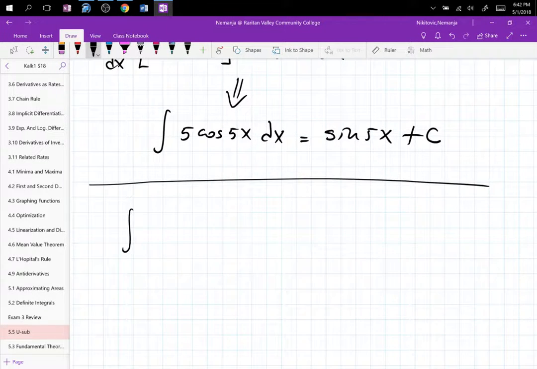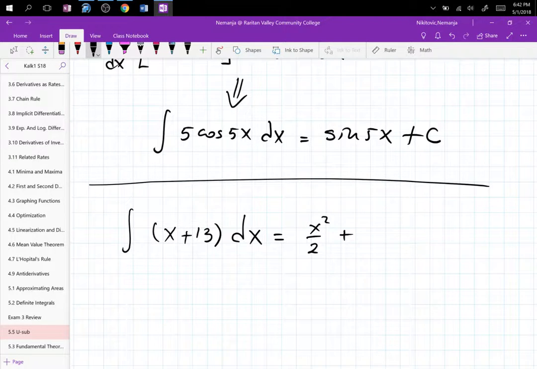I would like to integrate x plus 13 dx. You know the rules. Integral of x is x squared over 2, and integral of 13 is 13x. You put plus c, and you walk away. Done, right?